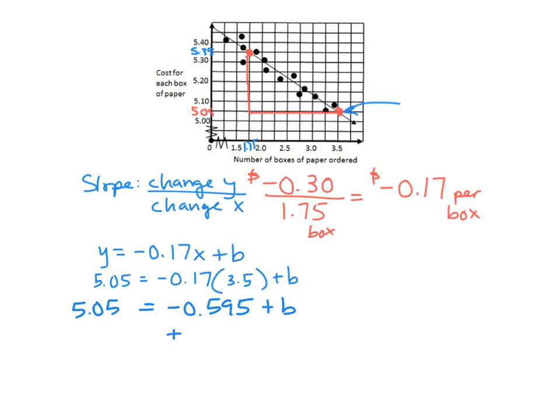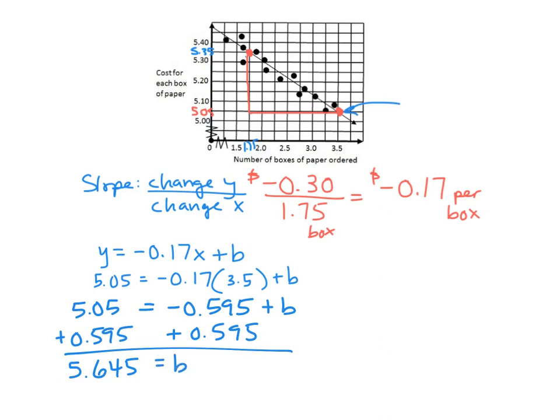And I'm going to add to isolate the variable to get b alone. So 5.05 plus 0.595 is 5.645. That's my y-intercept.